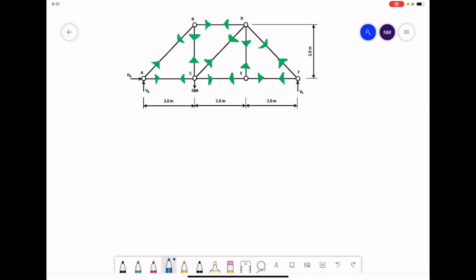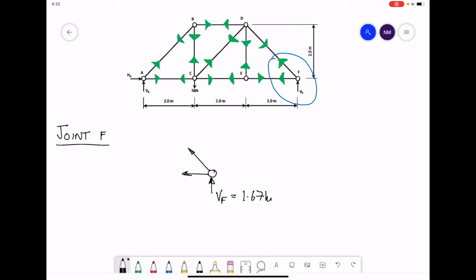The next joint we're going to look at is joint F, and we're going to resolve the forces at joint F. First, we will draw a free body diagram of the joint with the arrows as shown. VF previously worked out to be 1.67 kilonewtons.